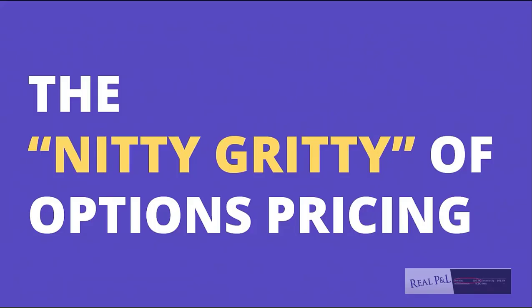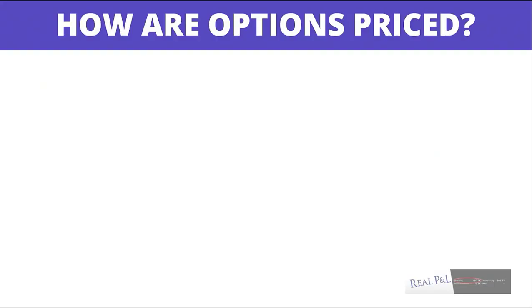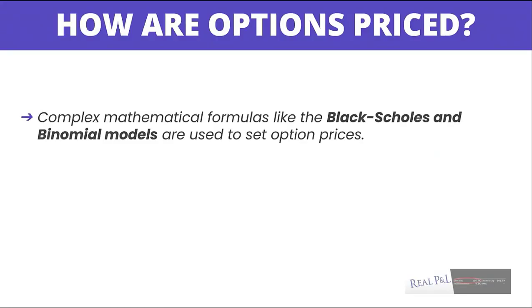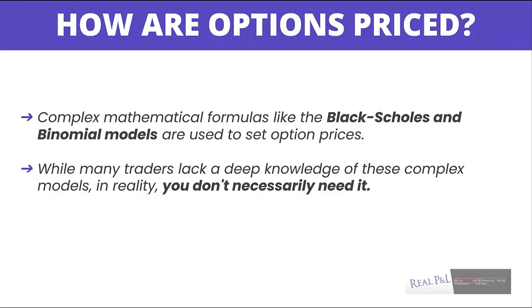Next, let's get into the nitty-gritty of options pricing. How are options priced? Complex mathematical formulas like the Black-Scholes and Binomial models are used to set option prices. While many traders lack a deep knowledge of these complex models, in reality, you don't necessarily need to know it yourself.